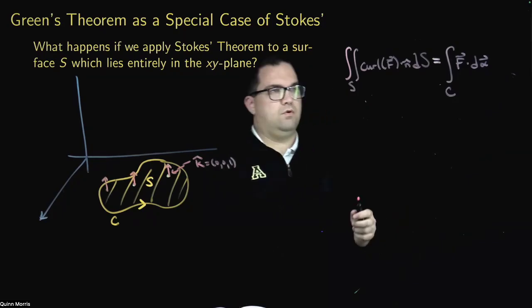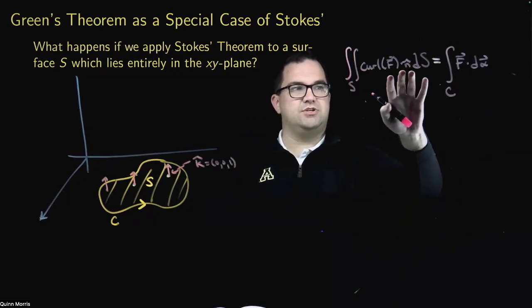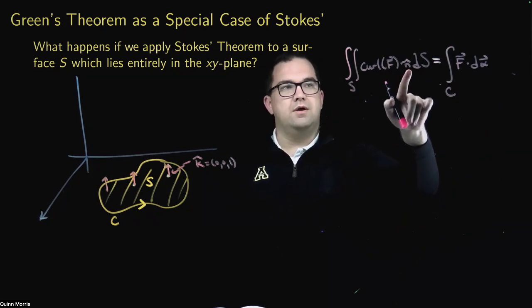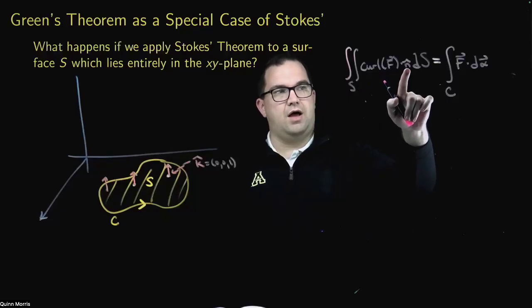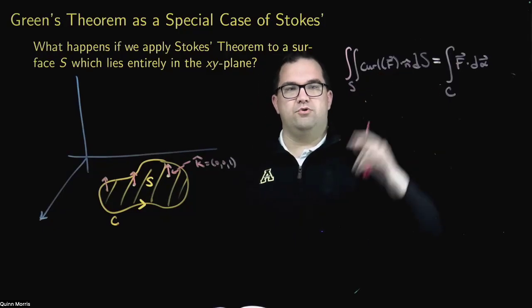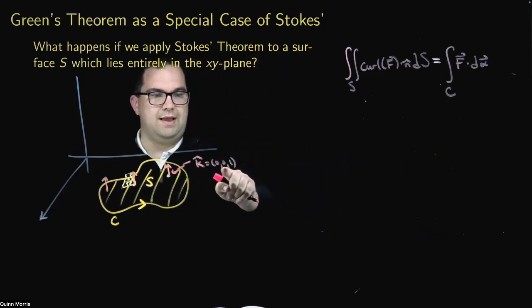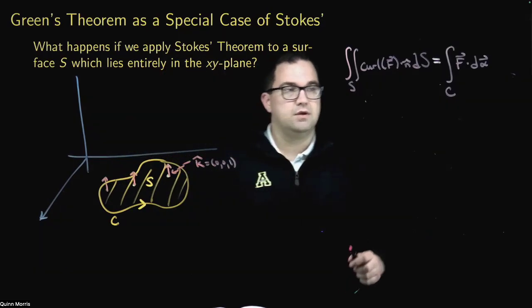Well, if I think about the definition of this, I'm dotting the curl of F with the normal vector, and the x and y components of my normal vector are both 0. The only thing that's going to survive is the z component.